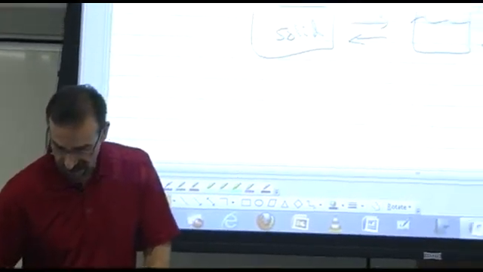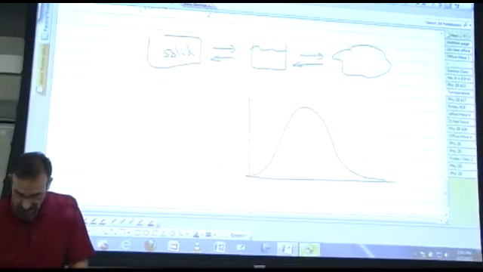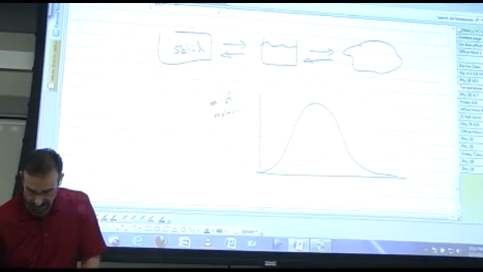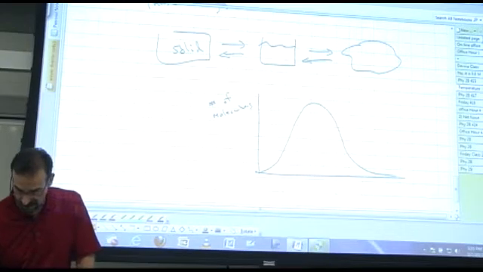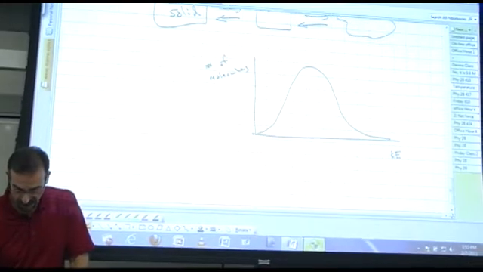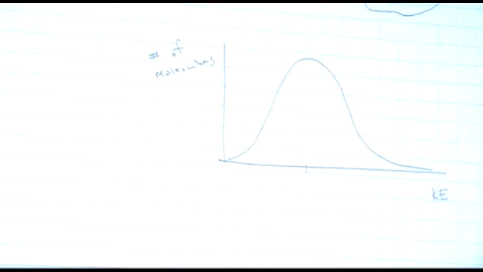That means that there's some distribution. So if we look at the number of molecules, and we look at the kinetic energy, most of the molecules have a kinetic energy that's about this average value.